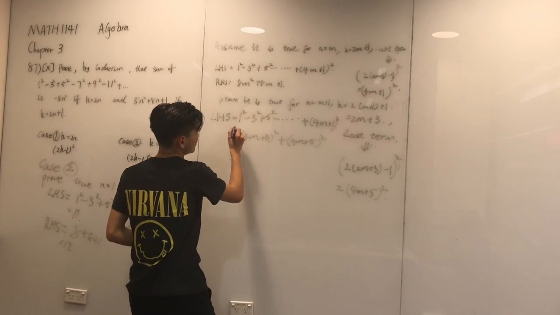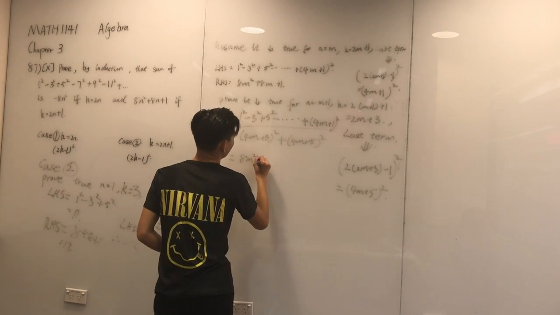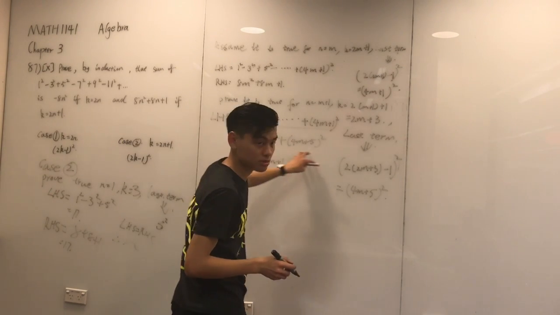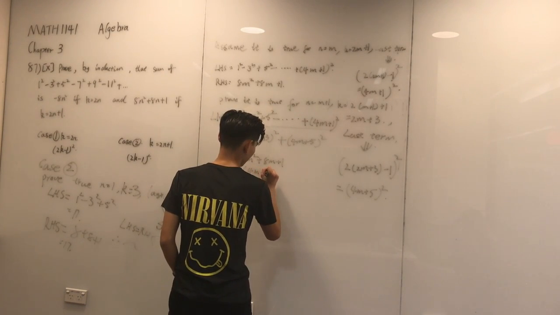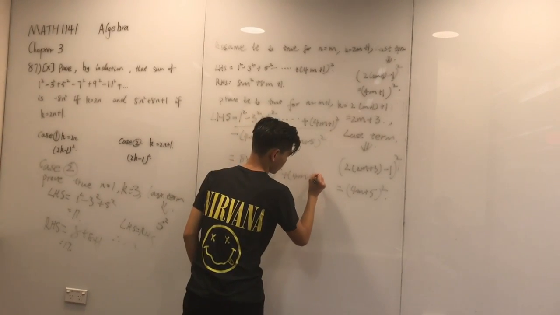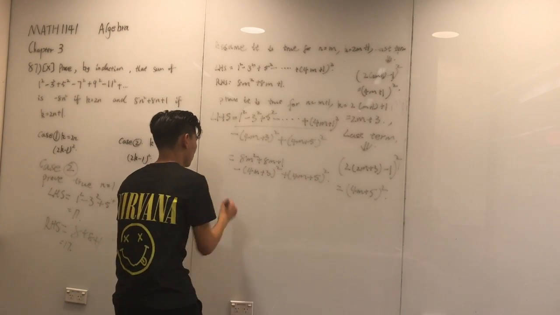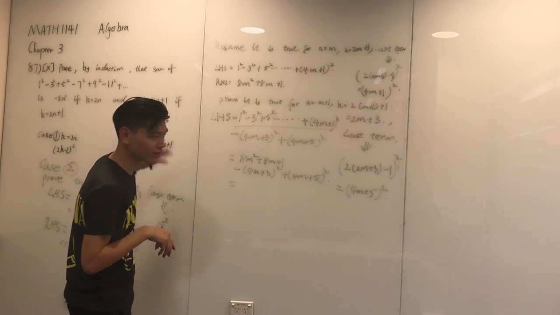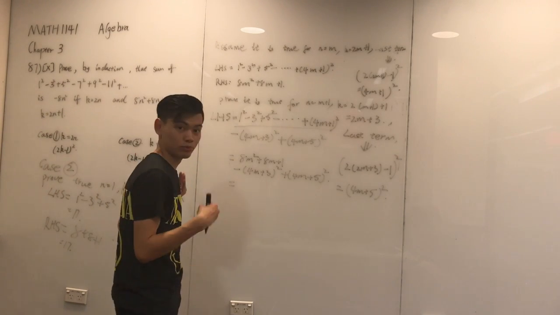We know from the assumption this part is going to be 8m squared plus 8m plus 1, and we'll just copy down this part. Right, and expand it. And then next we need to write the right hand side, and then compare left and right and make sure they are equal, and then we're going to prove it.